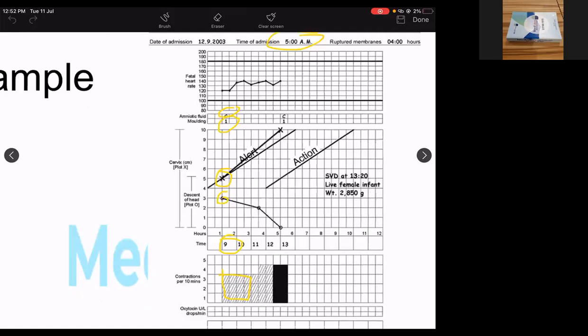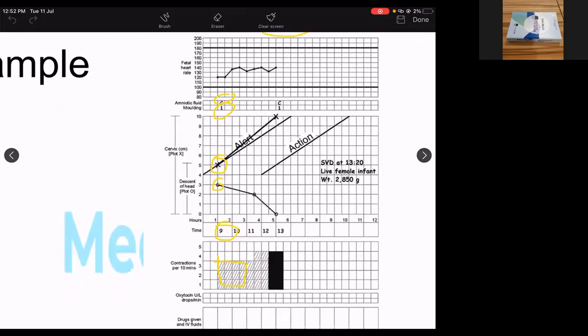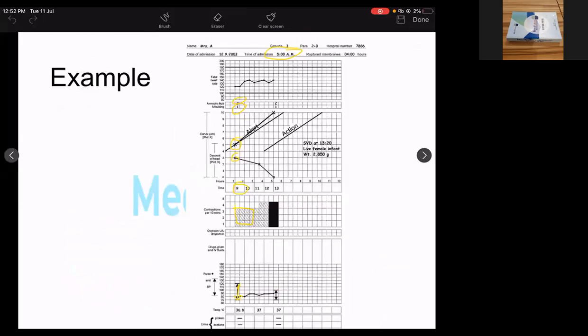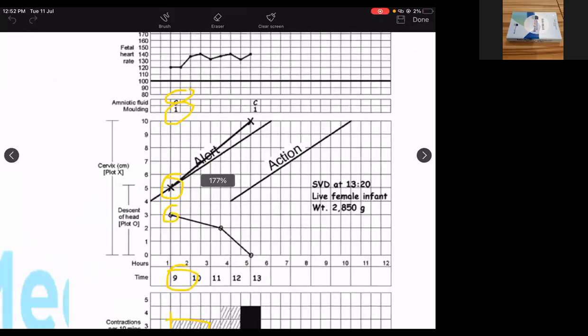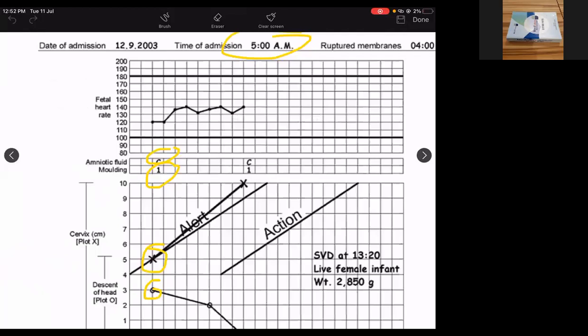So of course, they examined again after 4 hours. And she was at full cervical dilatation. Fetal heart rate kept increasing, but it was not going above the reference points.